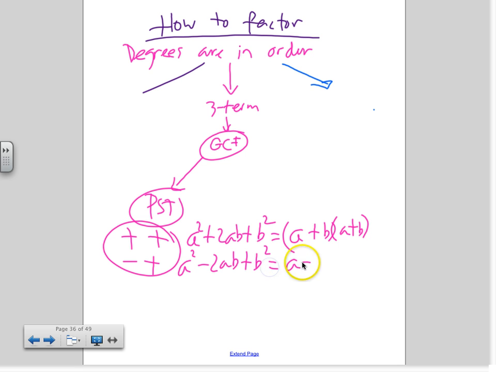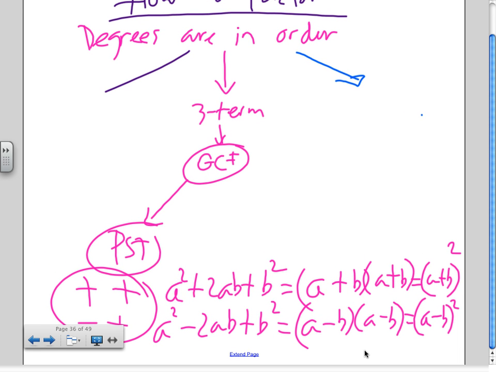And for minus, you have A minus B, A minus B. And yes, you can also write it in a short form: A plus B squared, and this is A minus B squared. Okay, let me zoom it in for you to show you. Okay, there. You see it?